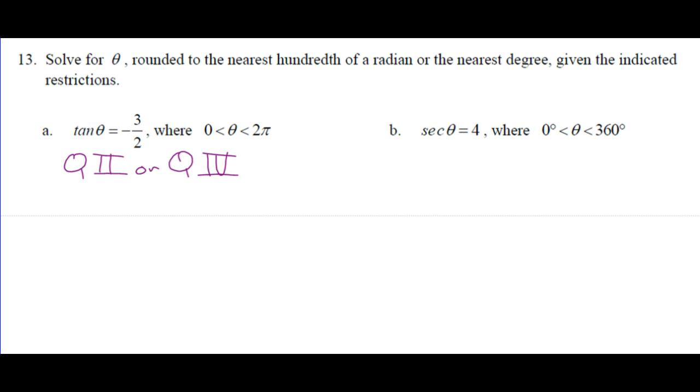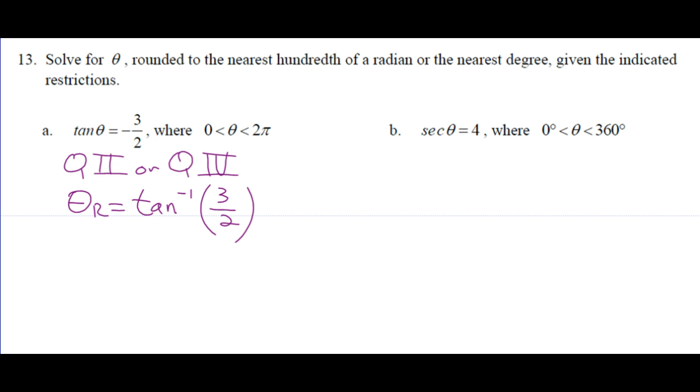I am going to work out the reference angle. So the reference angle, theta r, is the inverse tan of what? Now you take just the positive value, right? So the reference angle is the inverse tan of 3 over 2.